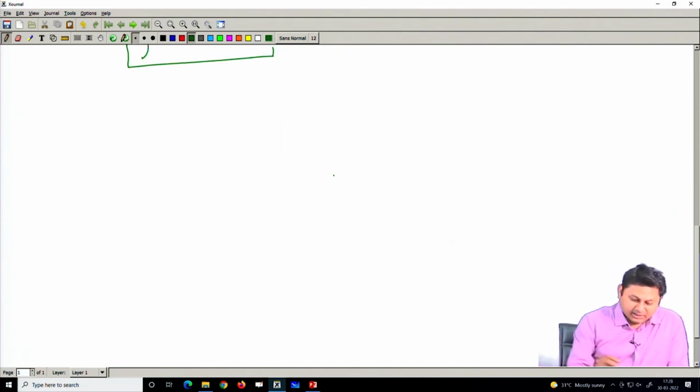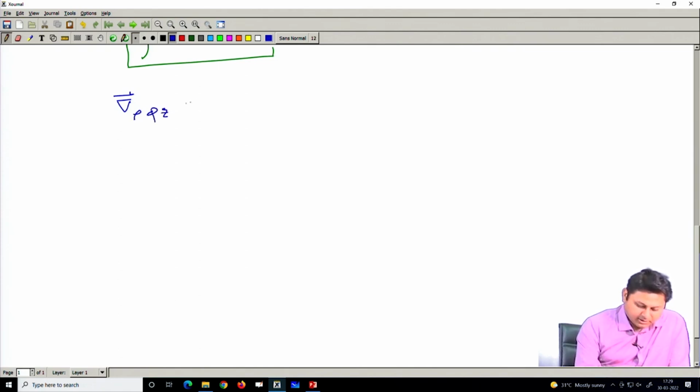Now, the next thing I mentioned is the form of this operator in other coordinate systems. In rho, phi, z, you can see the operator looks different, unlike the Cartesian coordinate.